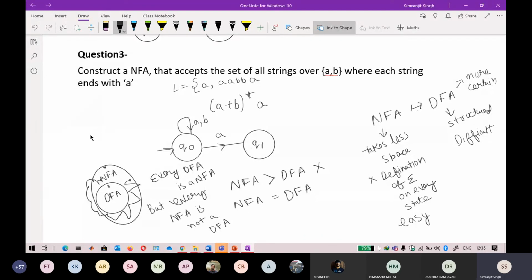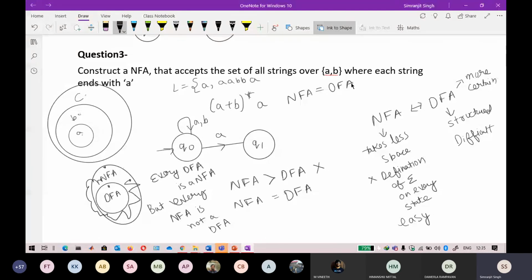If you have studied Venn diagrams, with A, B and C here, I can say that every A is B and C. For B, I can say every B is C, but every C is not B. So remember clearly that NFA is equivalent to DFA.